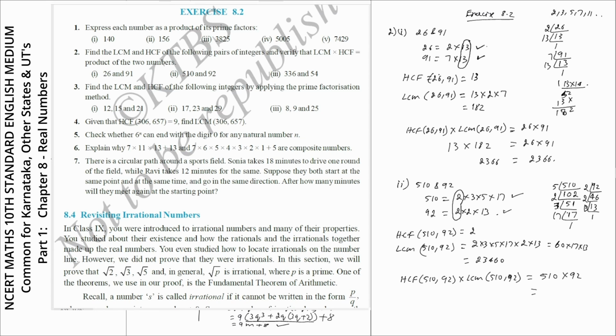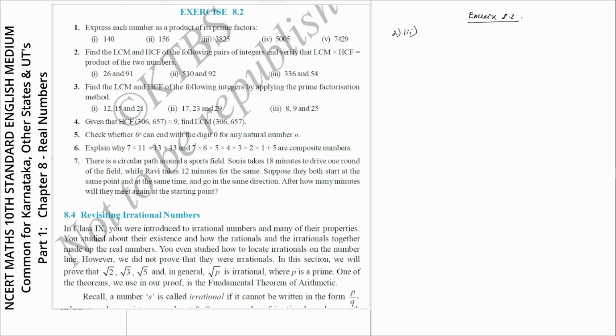HCF of these two numbers is 2 and LCM is 23460. So this should be equal to 510 into 92. Please check it out. On the left hand side you will get 46920 and on the right hand side also you will get 46920.